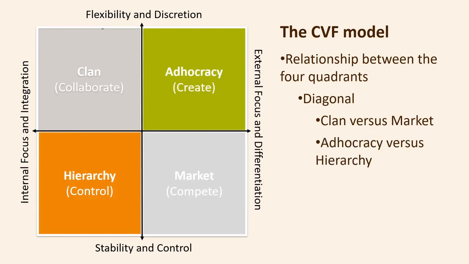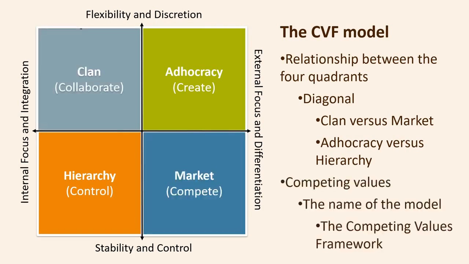Similarly, the adhocracy in the upper right quadrant identifies values that emphasize an external, organic focus, whereas the hierarchy in the lower left quadrant emphasizes internal, control values. The competing or opposite values in each quadrant give rise to the name for the model, the Competing Values Framework.